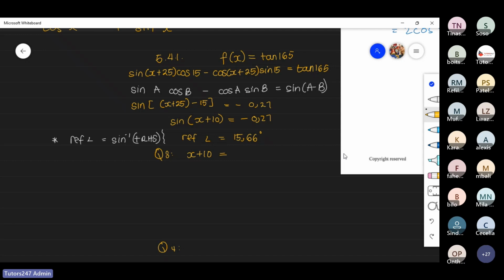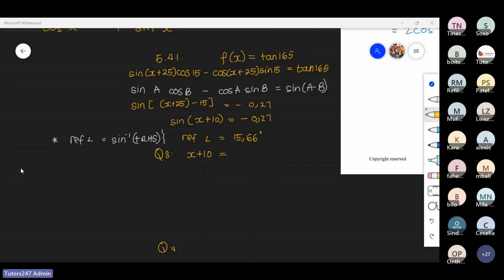Now from here, what is this x plus 10 equal to? What is this angle equal to? Keep in mind, because we are using the third quadrant, all you need to do is put the reduction formula of the third quadrant and say plus k times 360. That's all you do when you are doing general solution.